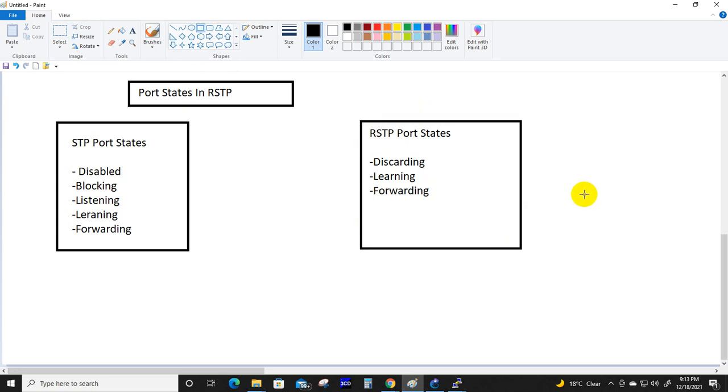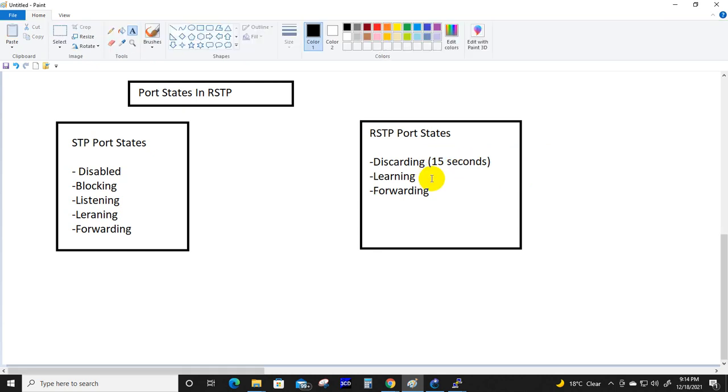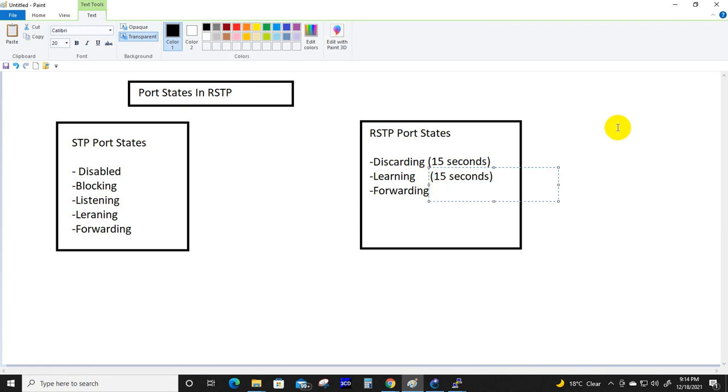So discarding is 15 seconds, learning is 15 seconds, and then forwarding.